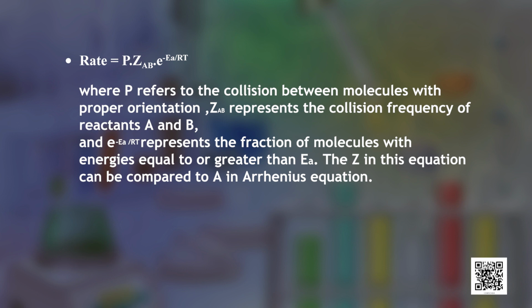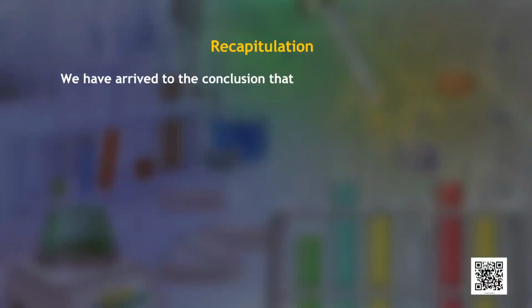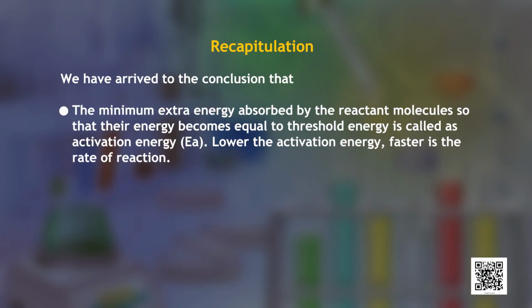The Z in this equation can be compared to A in the Arrhenius equation. Thus, in collision theory, activation energy and proper orientation of the molecules together determine the criteria for an effective collision and hence the rate of a chemical reaction. We have arrived at the conclusion that the minimum extra energy absorbed by the reactant molecules so that their energy becomes equal to threshold energy is called activation energy.